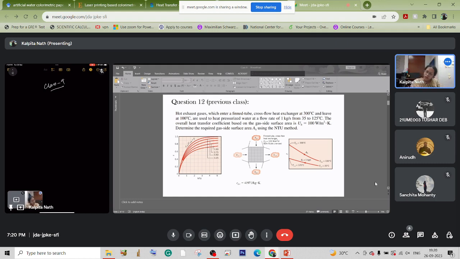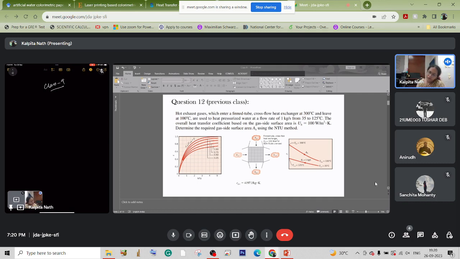So the problem solving flow will be: for calculating the surface area, the final approach is to calculate it by the NTU method. For that we need the number of transfer units, the NTU, and for NTU we can use this graph that is provided to you, which needs the heat capacity ratio and the effectiveness.